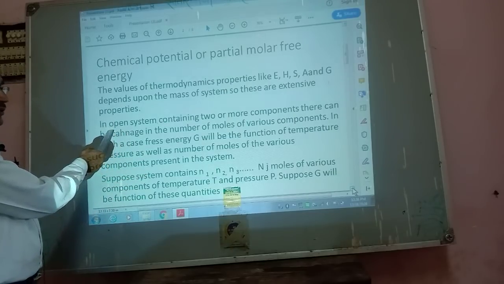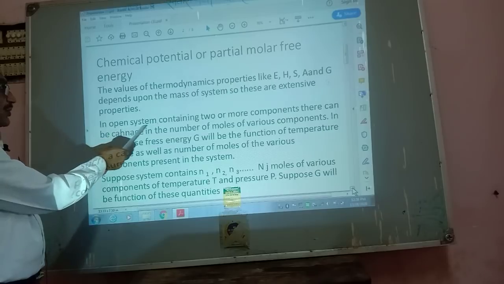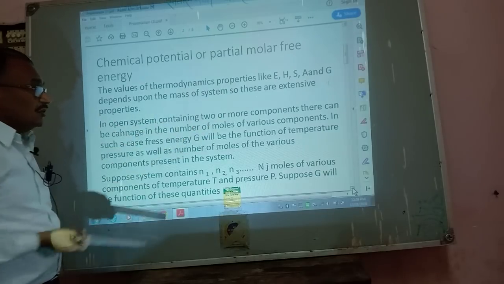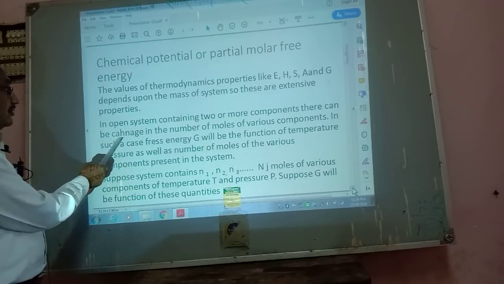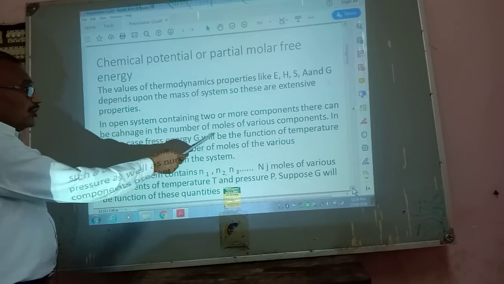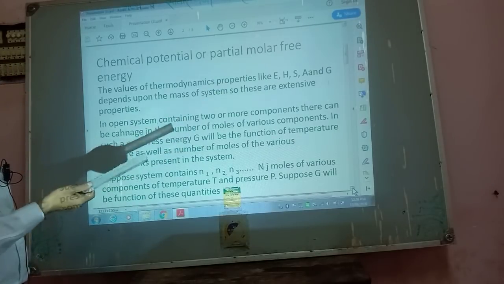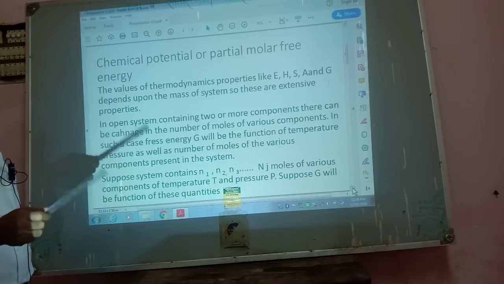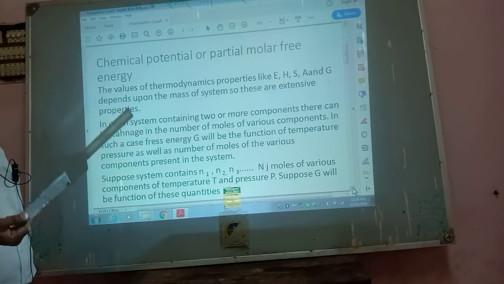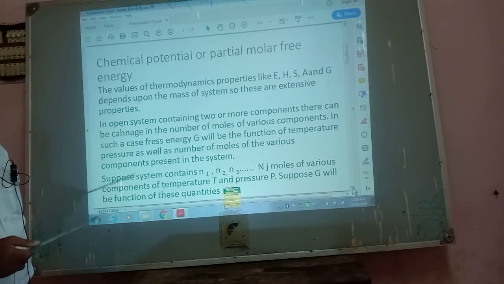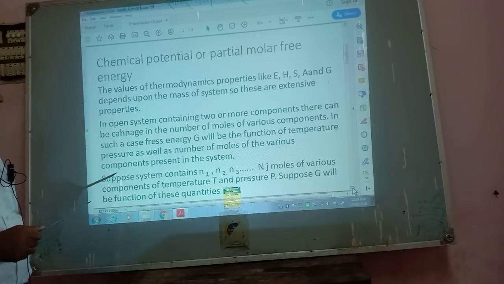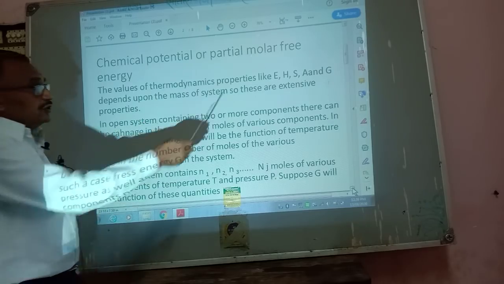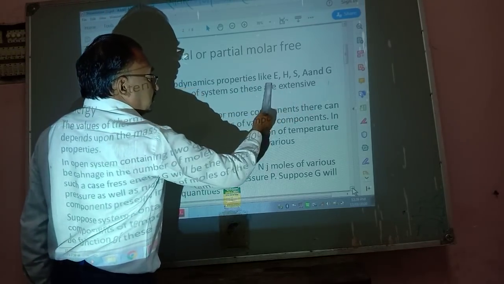Now we know that in an open system containing 2 or more components, the number of moles of the various components can increase or decrease, because in an open system, if the solution evaporates, the number of moles decreases, and therefore this property changes.